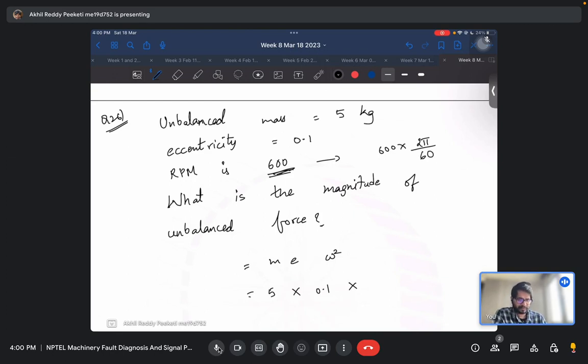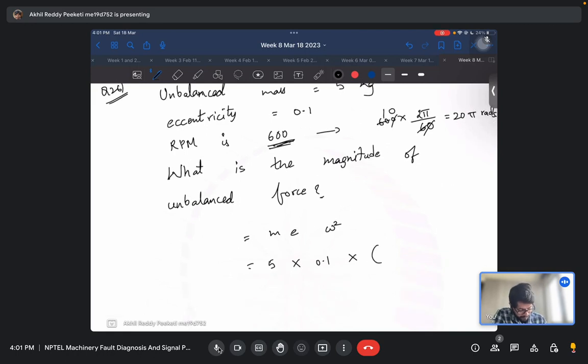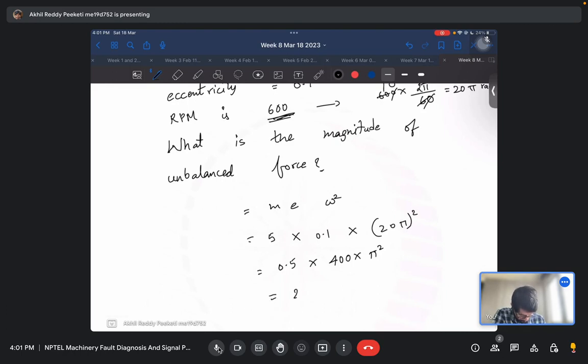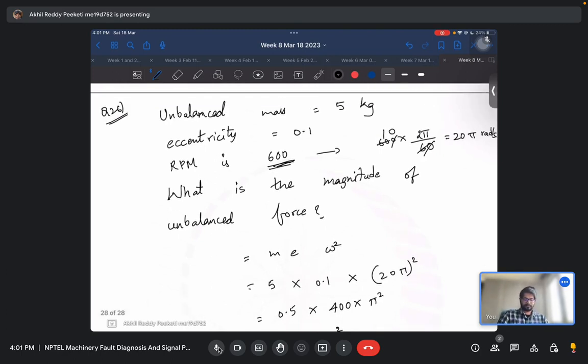One rotation is 2 pi radians and per minute, so 60 seconds. So this is equal to 20 pi rad per second. So 20 pi whole squared. So 0.5 into 400 into pi squared. So 200 pi squared is the magnitude of the unbalanced force. Okay.